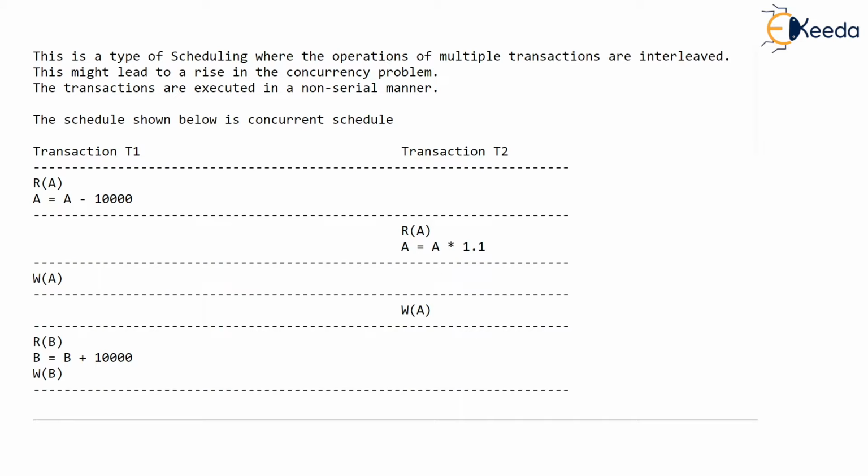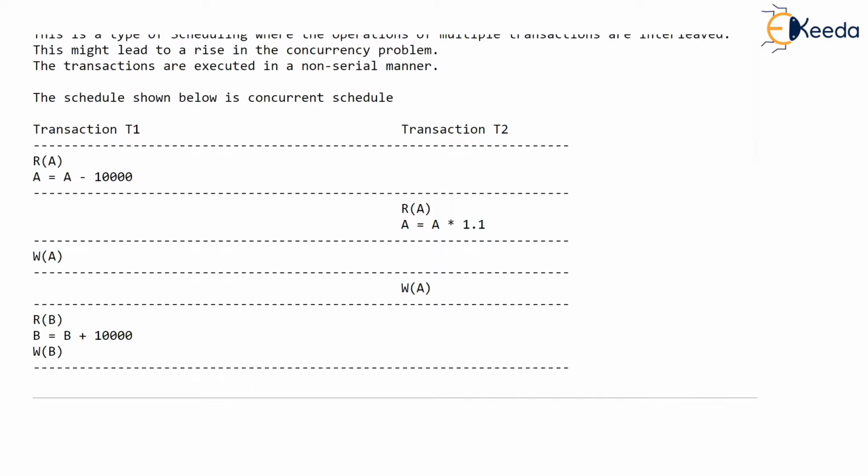Let's see. The number of concurrent schedules that are possible can be understood as follows. Let's say that T1 has two operations, A1 and A2, and T2 has two operations, let's say B1 and B2.